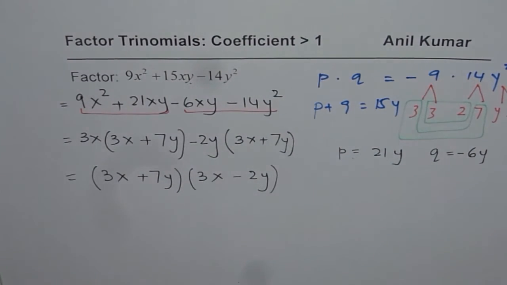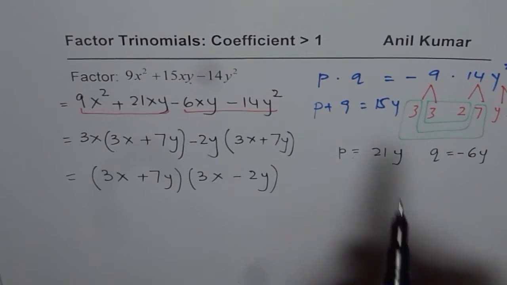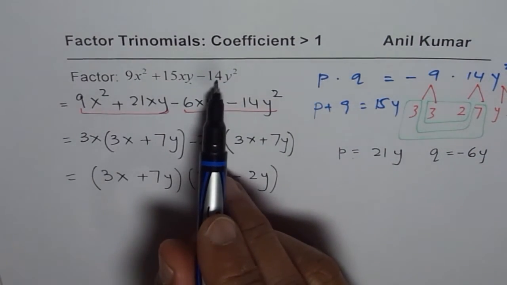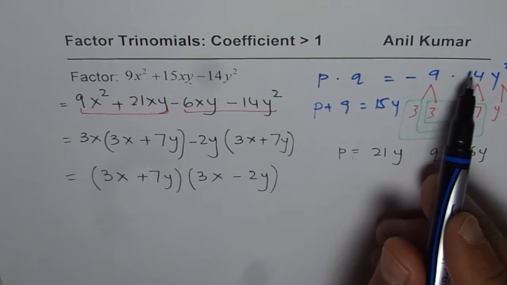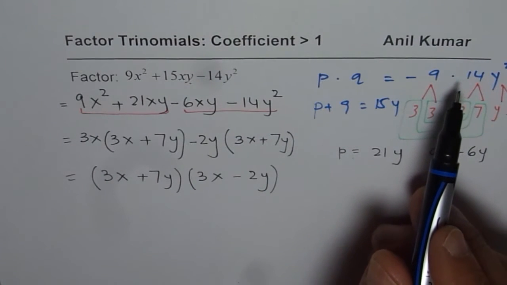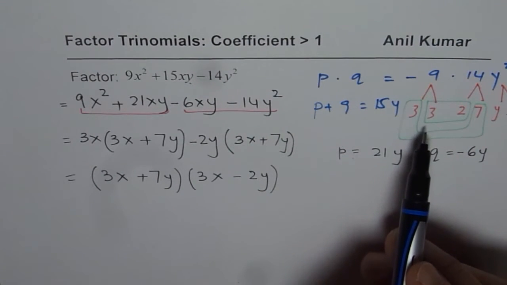So what you have learned here is that you need not really multiply these numbers. Then you get very big numbers. Dealing with big numbers and then finding a combination is difficult.